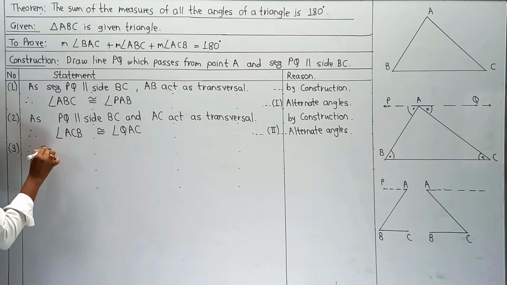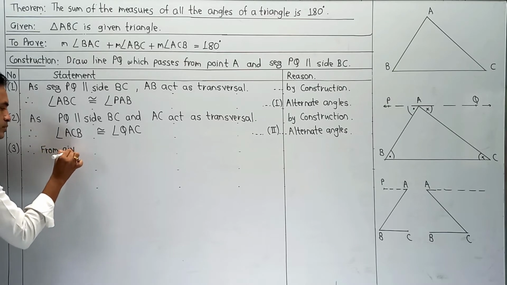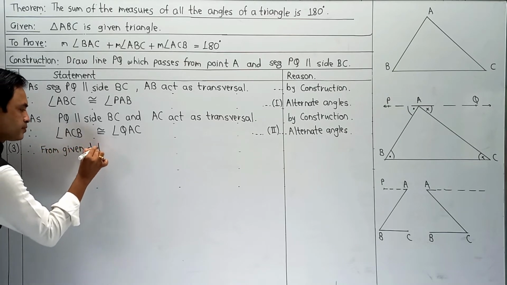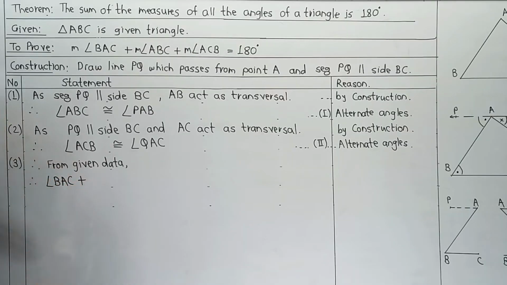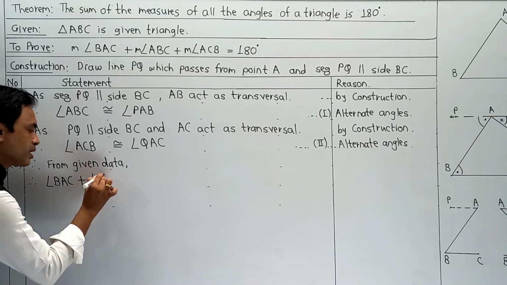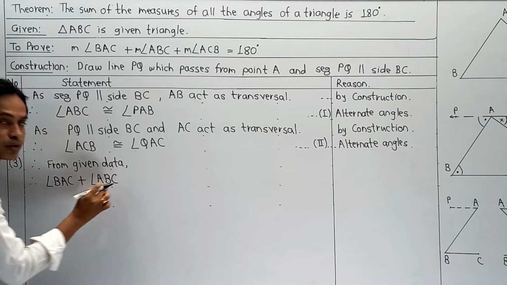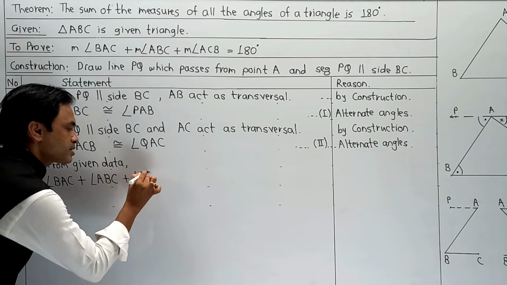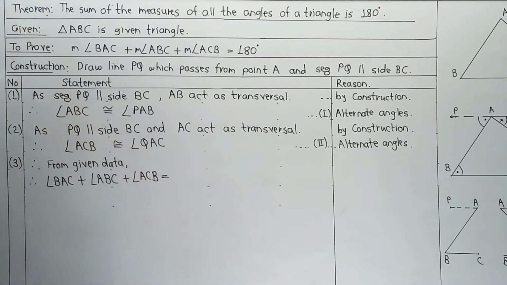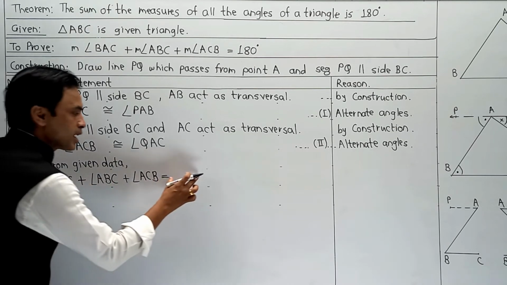From the given data, we have the addition of all 3 angles: first angle A, which I write as angle BAC, then angle B, which is angle ABC, and the third angle C, which is angle ACB, is equal to, first, angle BAC as usual, it is not going to change.